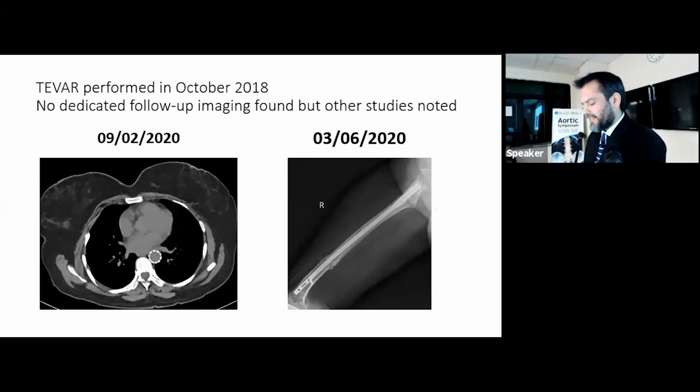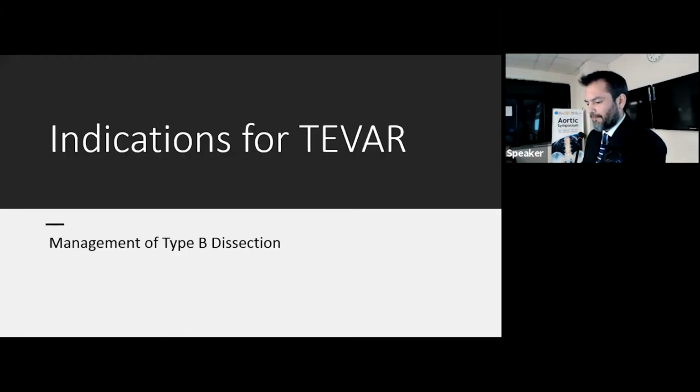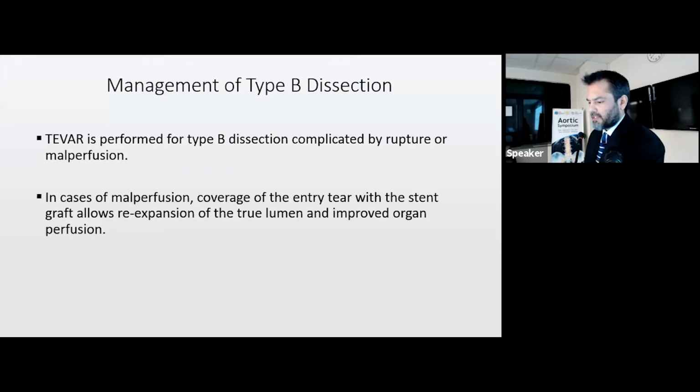I didn't have any dedicated angiographic follow-up, but I do know that she is alive, and I can see the orthopedic people have done some follow-up, and there was a non-contrast CT showing the bottom of the stent. So she did well.